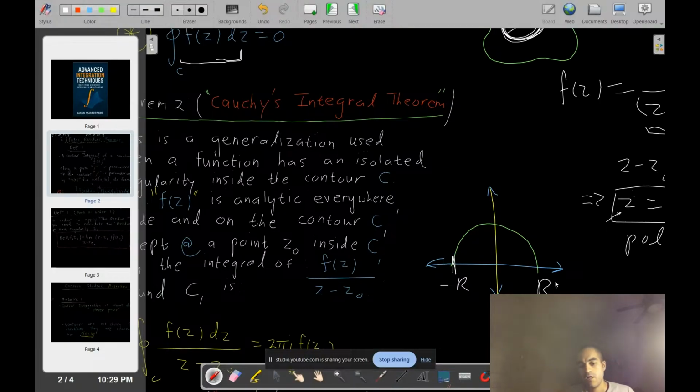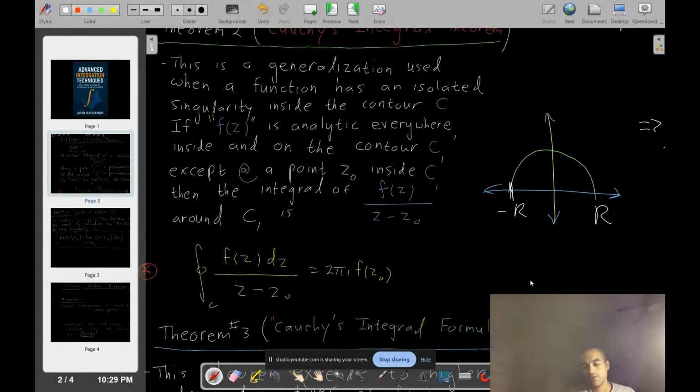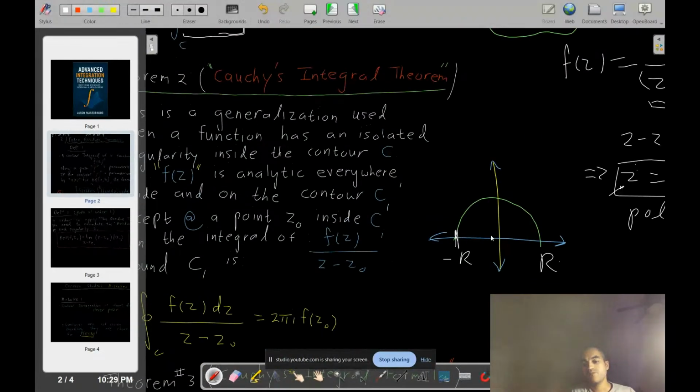We choose which one depending on whether we're dealing with a positive or negative integral. Let's say I use an upper semicircle. We still have a radius on the real axis, the x-axis here, from minus R to R.